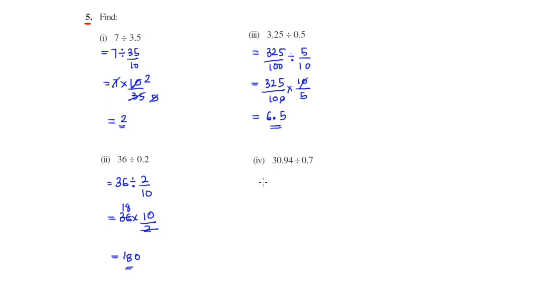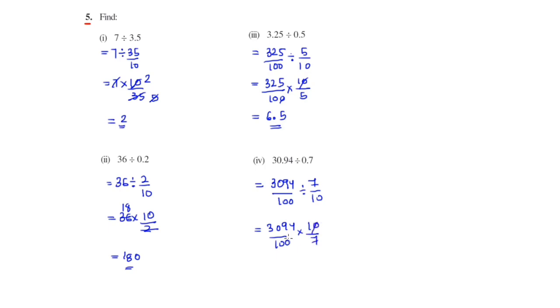Moving to this part, it is given that 30.94 divided by 0.7. So we can write 30.94 as 3094 over 100 and then the division sign, 7 over 10. The division sign can be changed to a multiplication sign, so writing the same multiplication sign, 10 over 7, as we are flipping the second part, right?